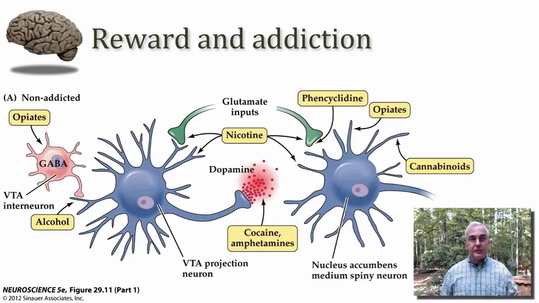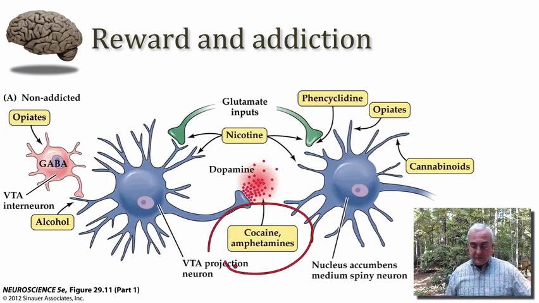And indeed, some of these receptors are even found on the presynaptic terminals that provide input to these cells. So, for example, in the nucleus accumbens, we have receptors that can interact with substances like cocaine and amphetamine, which can act to increase the presence of dopamine in the synaptic cleft of these medium spiny neurons.